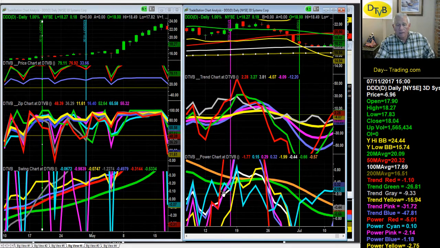And on the pink vertical line day, pink and blue cross green, but they don't cross orange. And when pink and blue and white cross over the orange line, which is the day after the pink vertical line, that's when we get that big green candle.